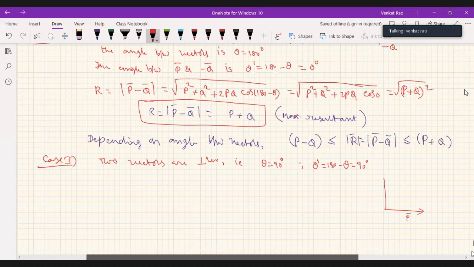This is p bar, this is q bar. This is minus q bar.